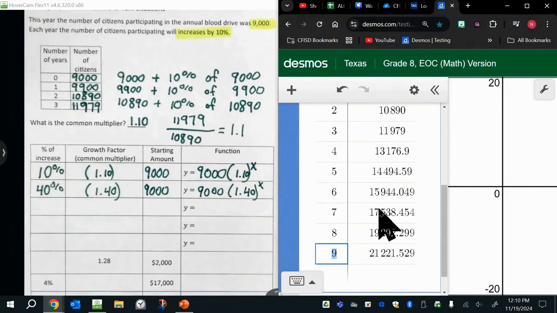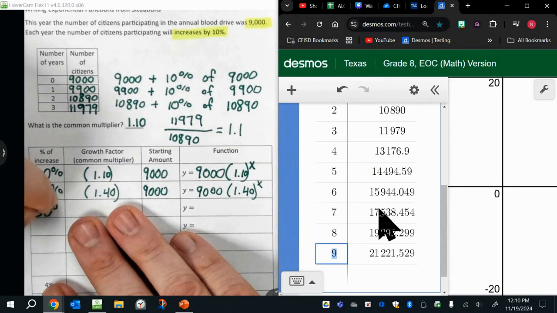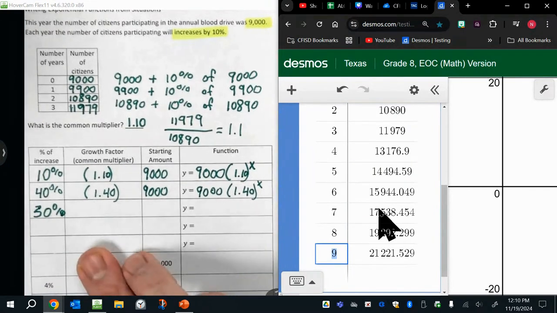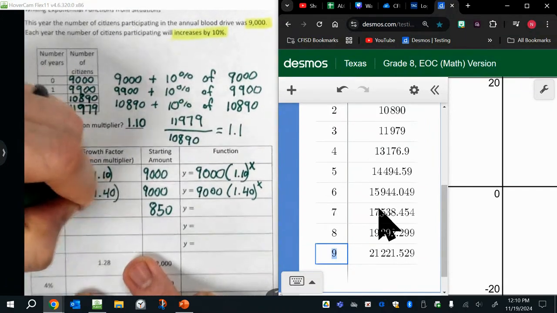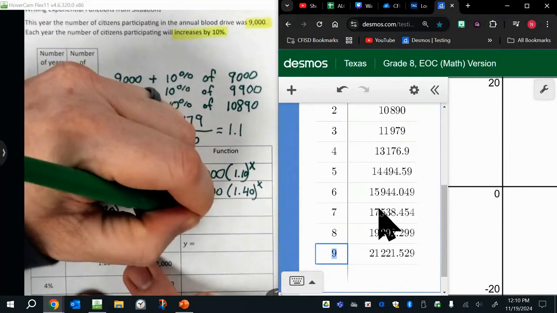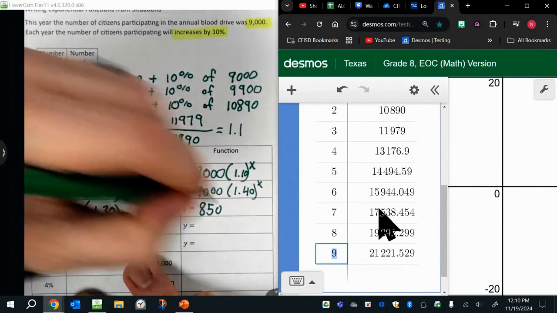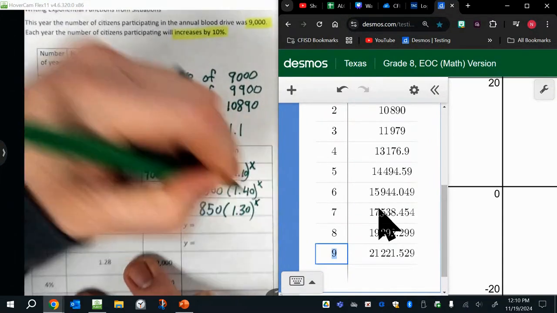We could do a different one. Say it was a 30%, and maybe it started at $850. Well, my multiplier would be 1.30. So I'd have 850, parentheses, 1.30 to the power of x.